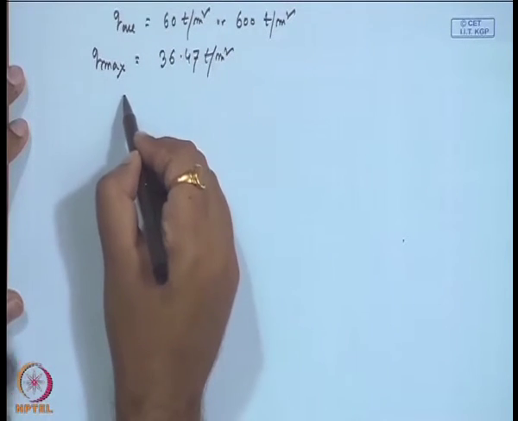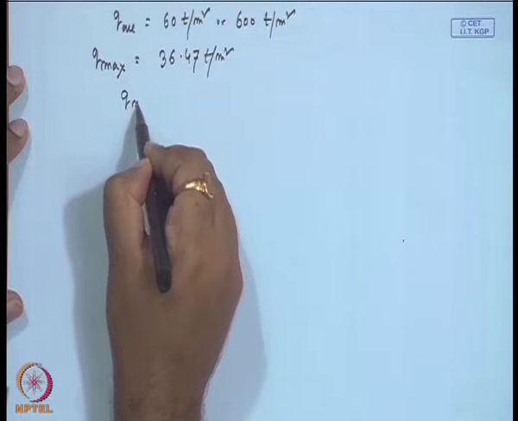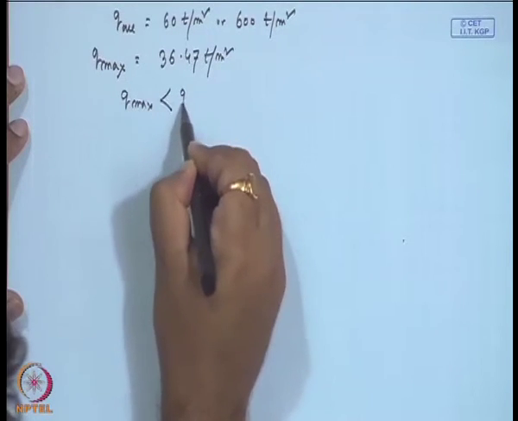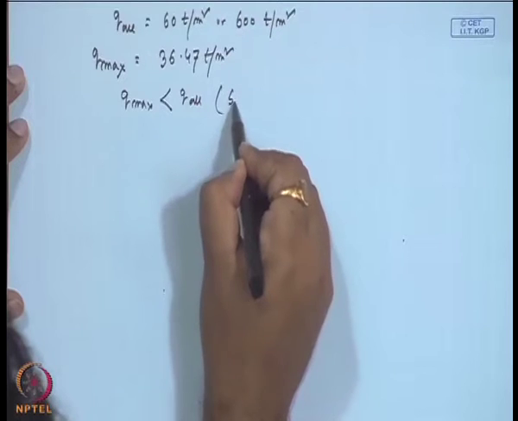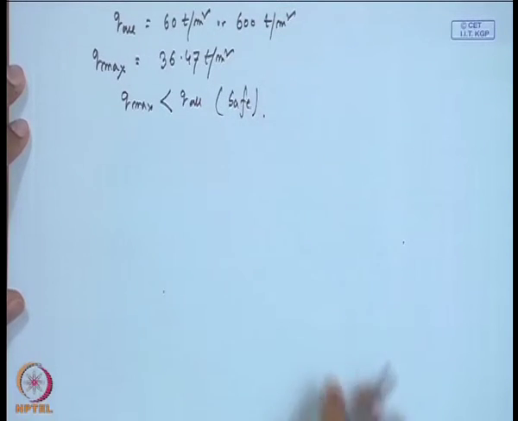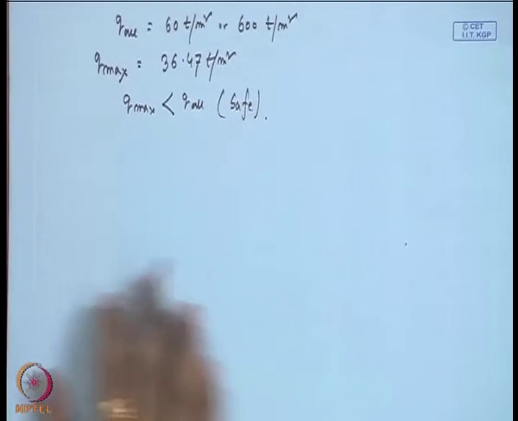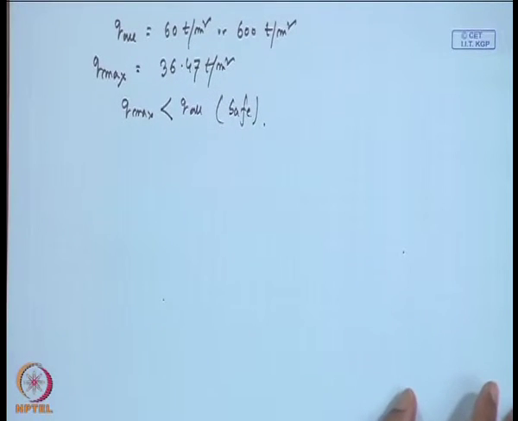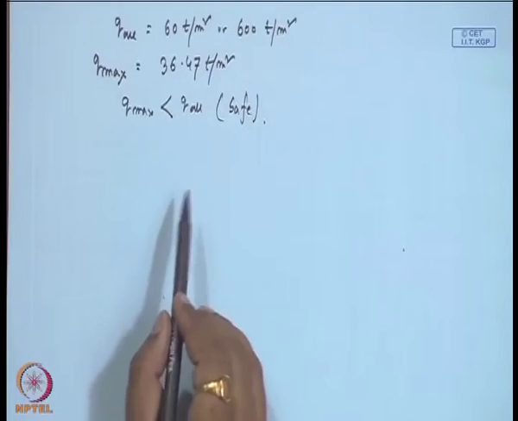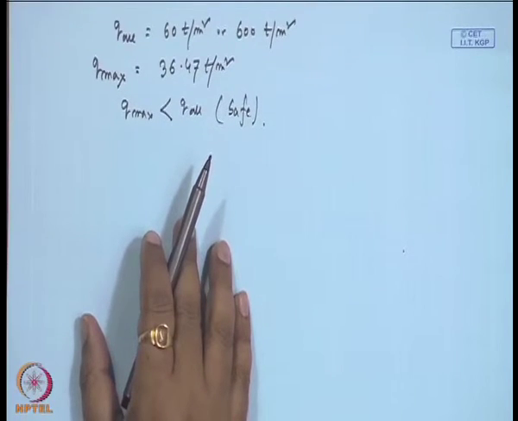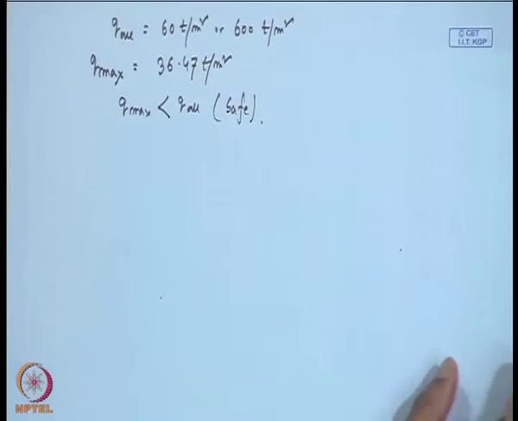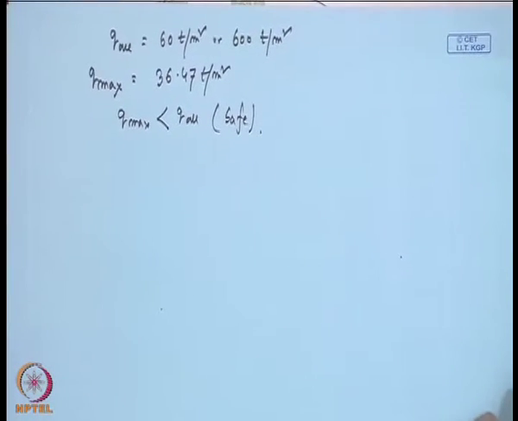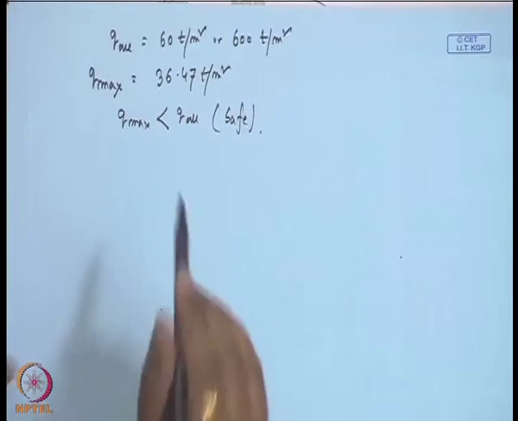So, Q max is less than Q allowable, so safe. The maximum stress coming on the soil is 36.47 ton per meter square, whereas the allowable load carrying capacity of the soil is 60 ton per meter square. So, it is safe.